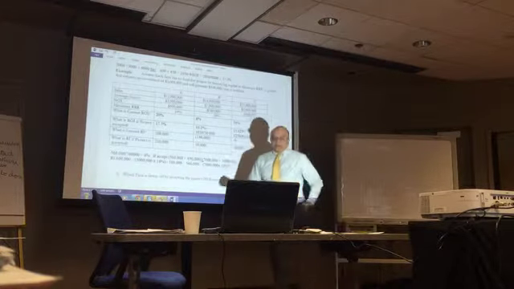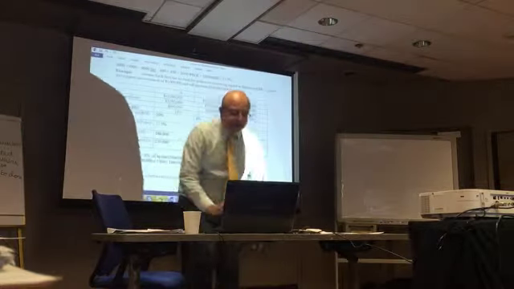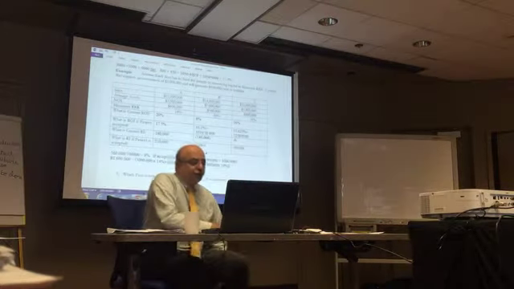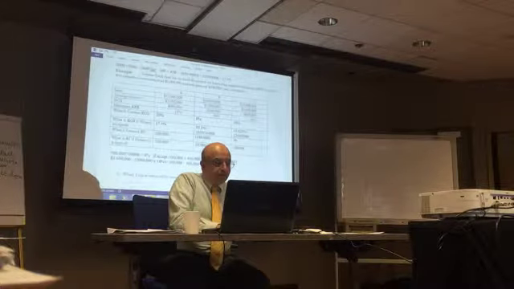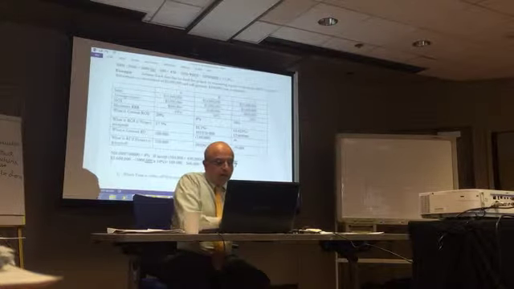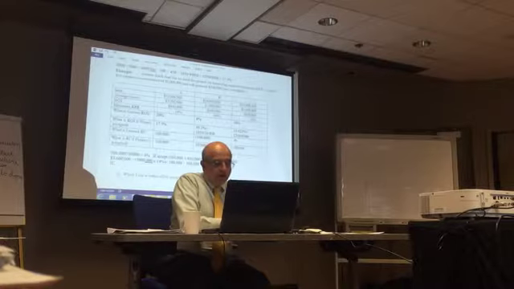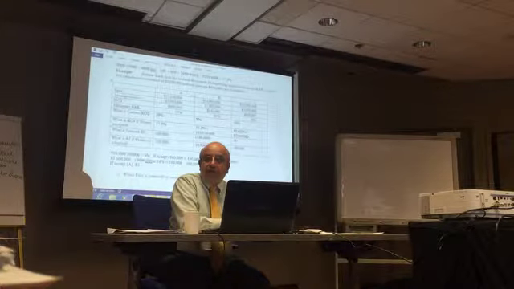Now, if you add the project, let's just do one of them, all the others are similar, but let's do it for A. If you accept the project, what will the income be now?